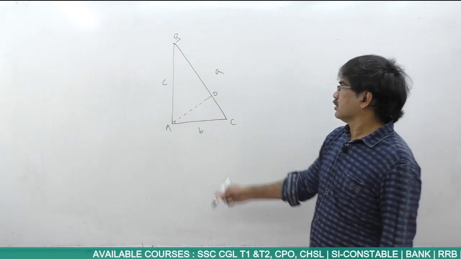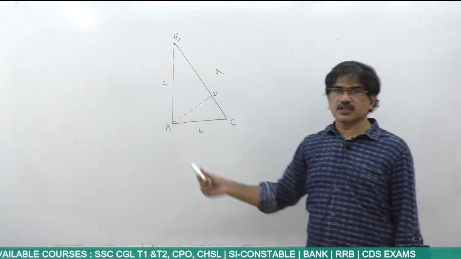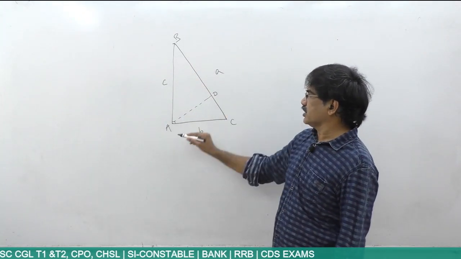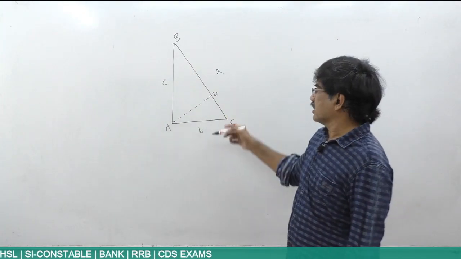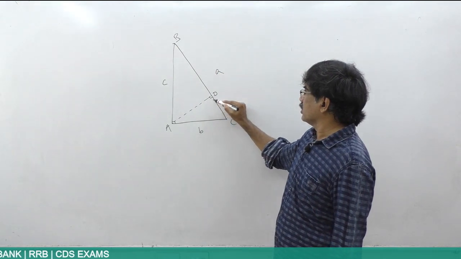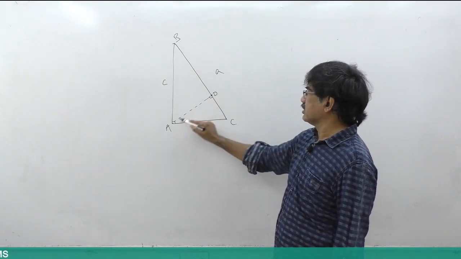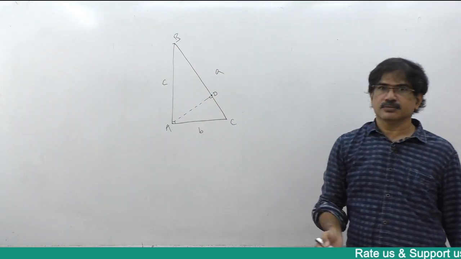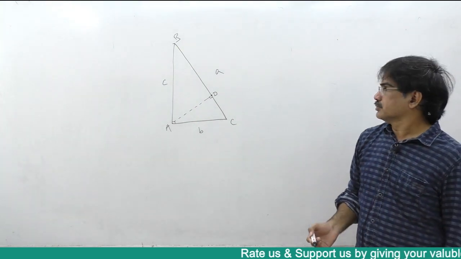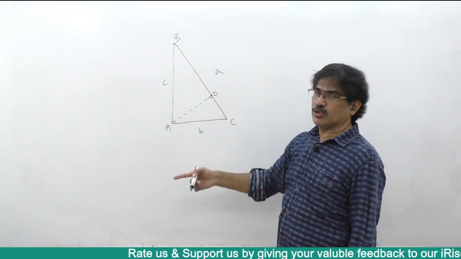Next, I have already discussed this in the previous class. This is a right angle triangle ABC, right angle at A. BC is the hypotenuse. Draw a perpendicular to the hypotenuse which meets at D. This is the altitude drawn to BC. I have given 5 important properties.